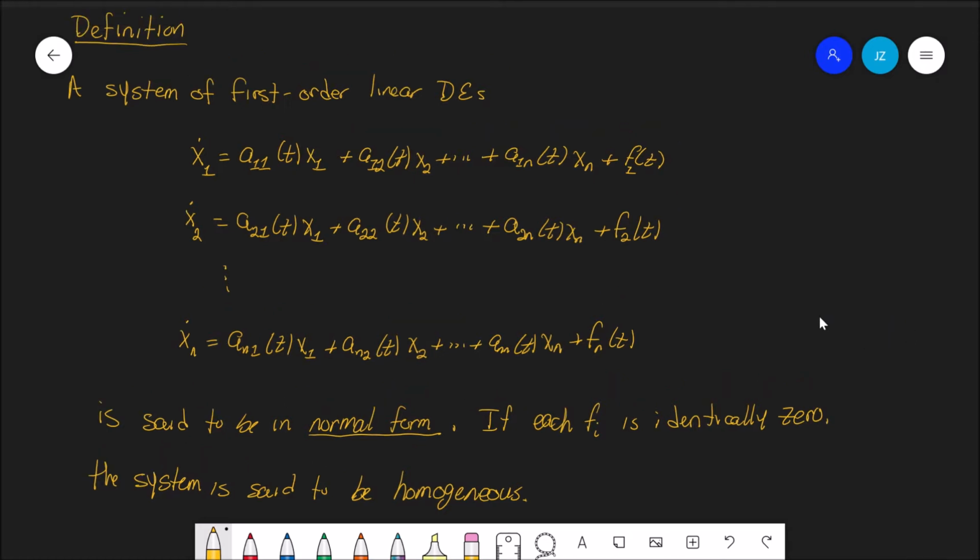When dealing with systems of equations, it is usually more convenient to write it in matrix form. So we're now going to look at the matrix representation of this system right here.